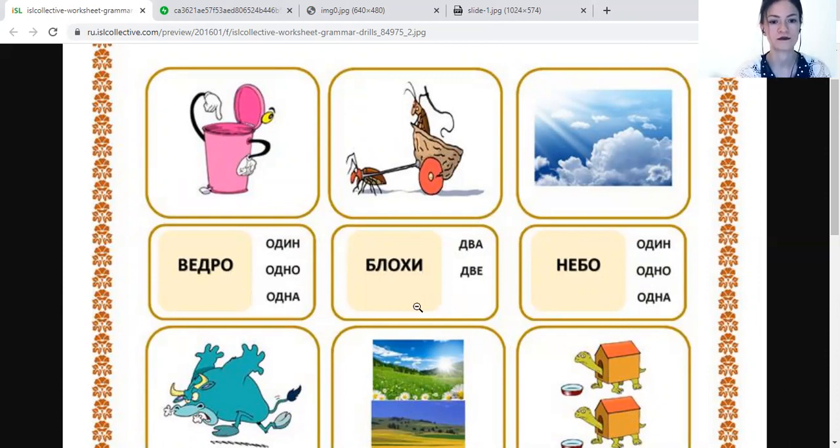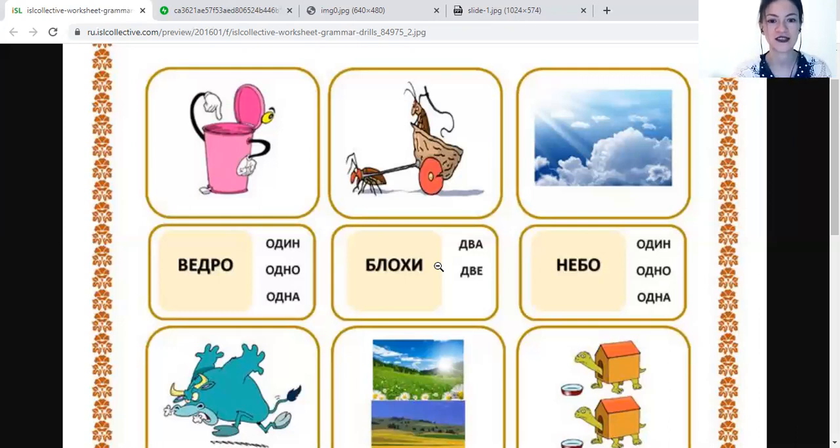Блохи. Now we need to find the basic form, like nominative singular. It is блоха, like a flea, little flea. Блоха finishes with a, so most probably it's feminine.